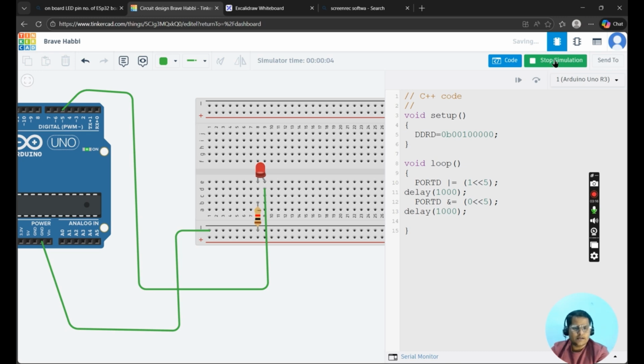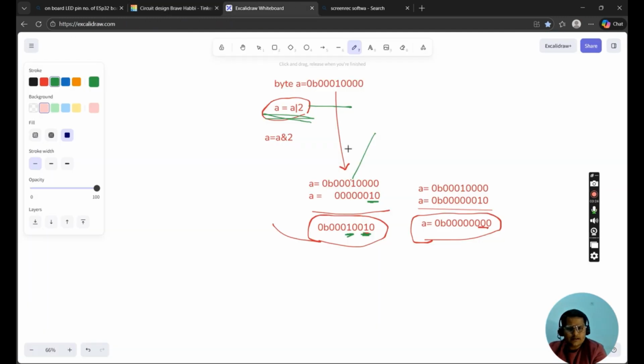It's turning on and off. So when you are doing AND with that bit, it will just change that bit. Same thing is happening here. When you are doing AND with 0, because the previous value was 1, it became 0, 1 into 0. So AND is basically for clearing and OR is for setting.